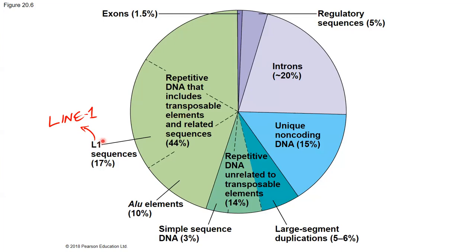Okay, so a typical L1 element consists of approximately 6,000 base pairs, and these 6,000 base pairs might have non-coding sequences, and sometimes they might have some genes that might be expressed, and these are repeated or found in multiple copies throughout the genome.